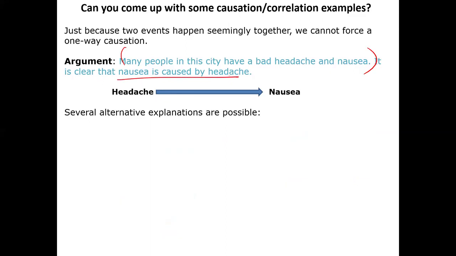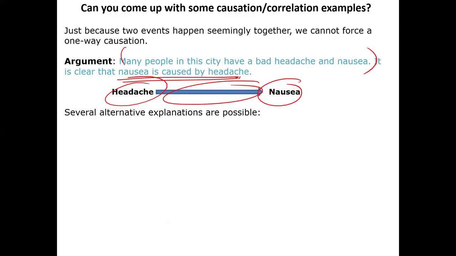This is a great discussion we are having, because in all critical reasoning questions, guys, and we'll start critical reasoning formally from the next class, you never challenge the facts. You always challenge the conclusion. And the conclusion here is nausea is caused by headache. And this is the conclusion that we have to challenge.